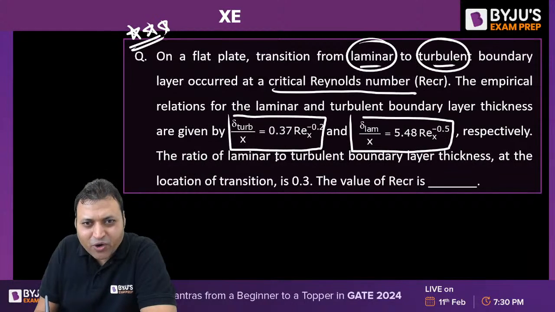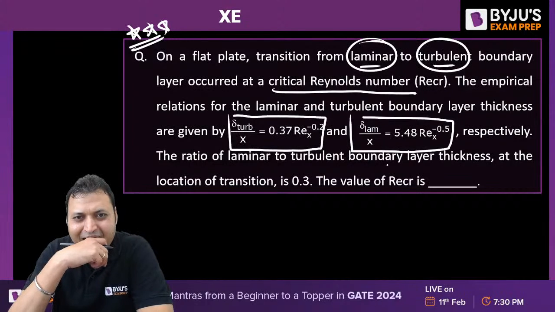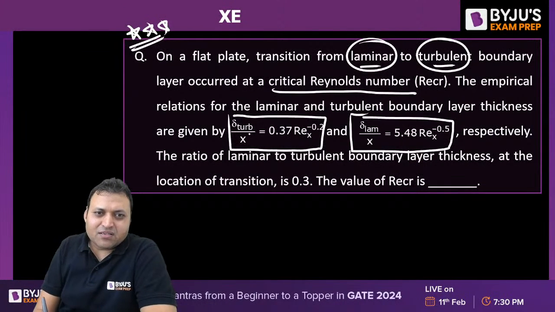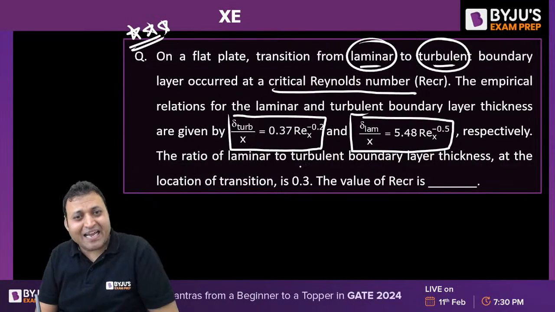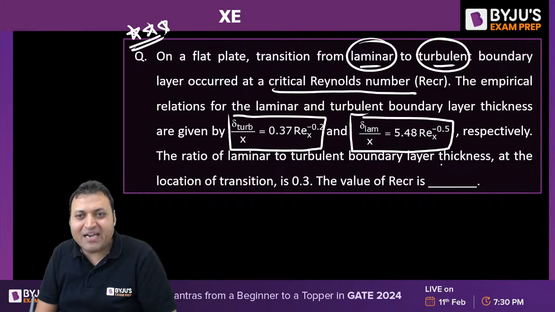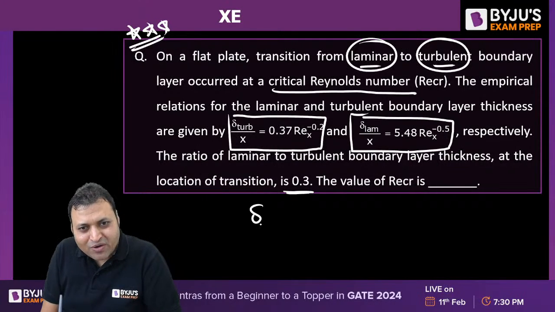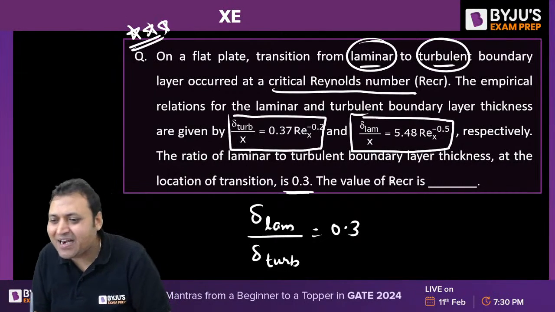The first one is for turbulent and the second one is for laminar. Respectively, the ratio of laminar to turbulent boundary layer thicknesses at the location of transition is 0.3. So delta laminar divided by delta turbulent is given as 0.3. What is the value of critical Reynolds number?